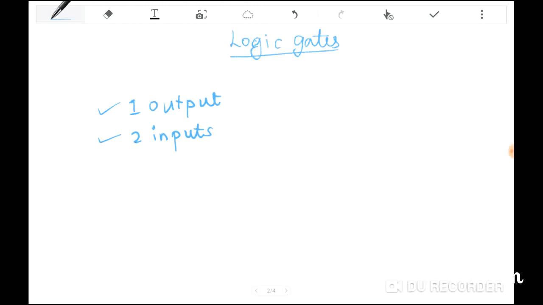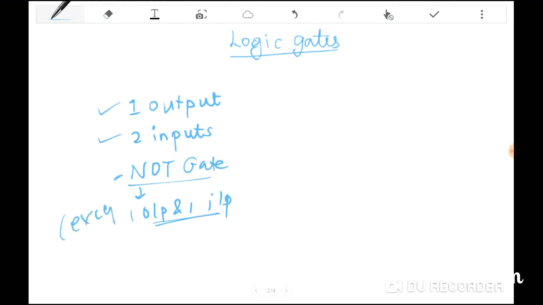One of the exception cases is the NOT gate. We'll come to this in the later part of the video. The NOT gate has one output and one input. This is the only exception case here. Generally, we have one output and two inputs in every logic gate.